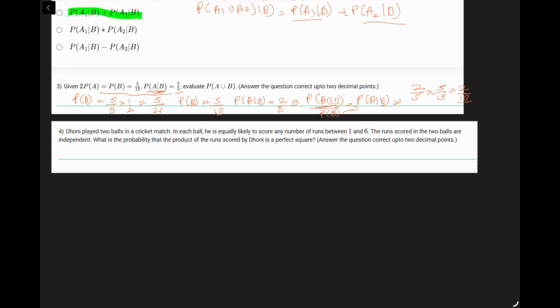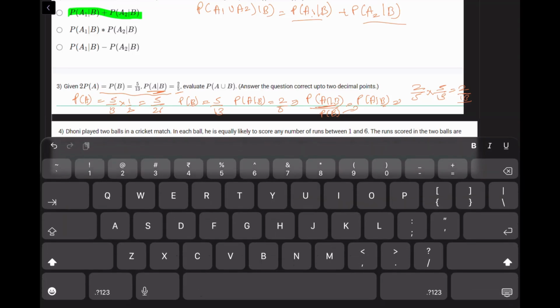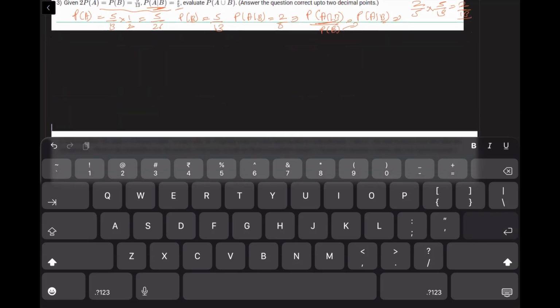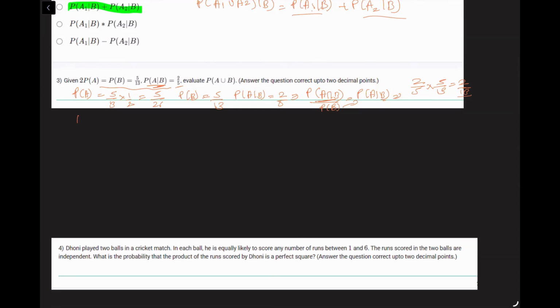Let me make some space here. So, the probability of A intersection B is 2 over 13. And we know the probability of A union B formula is the probability of A plus the probability of B minus the probability of A intersection B. We know the probability of A is 5 over 26.